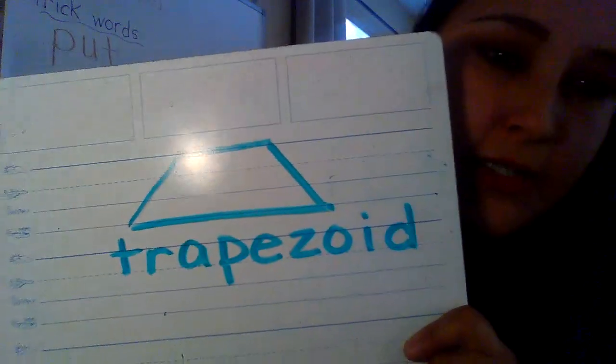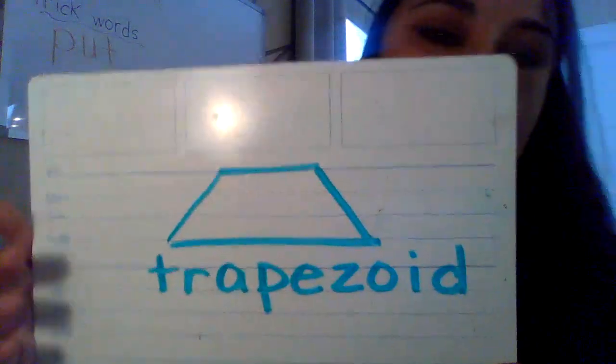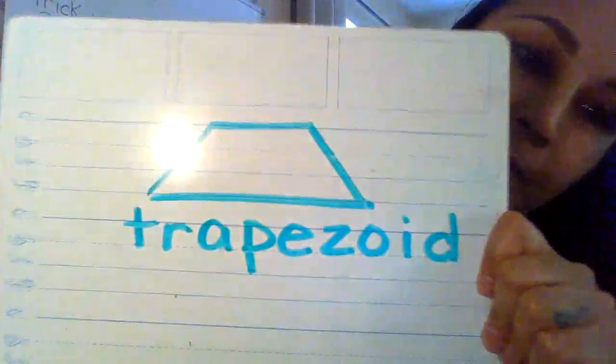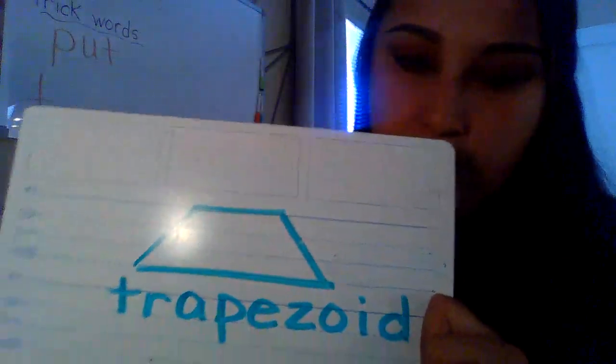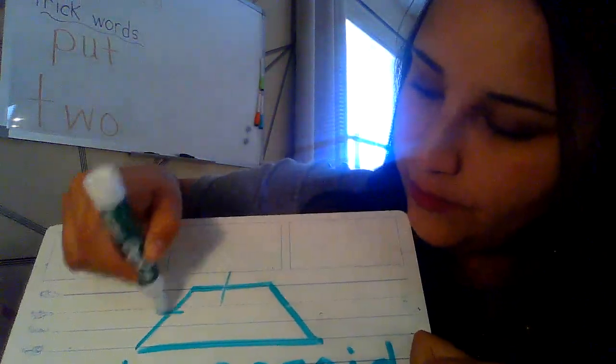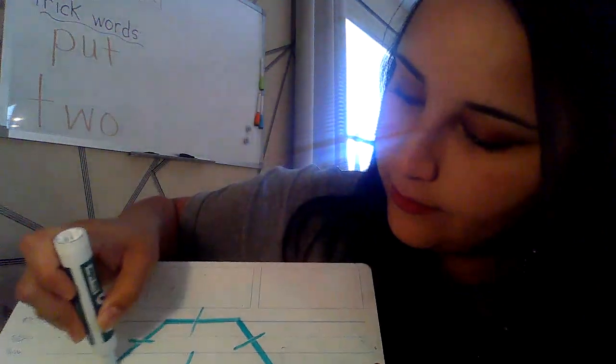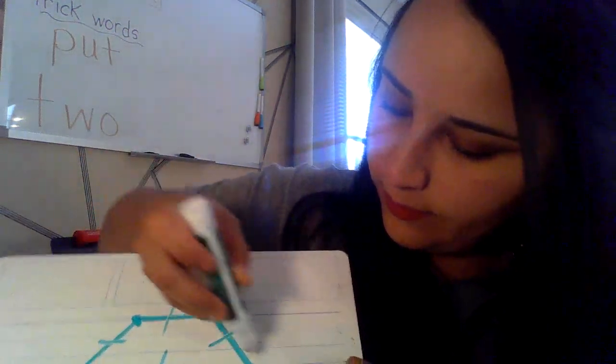But the sides are slanted in. So 2 of the sides go in like this. Trapezoid. So again, it has 1, 2, 3, 4 sides and 4 corners.